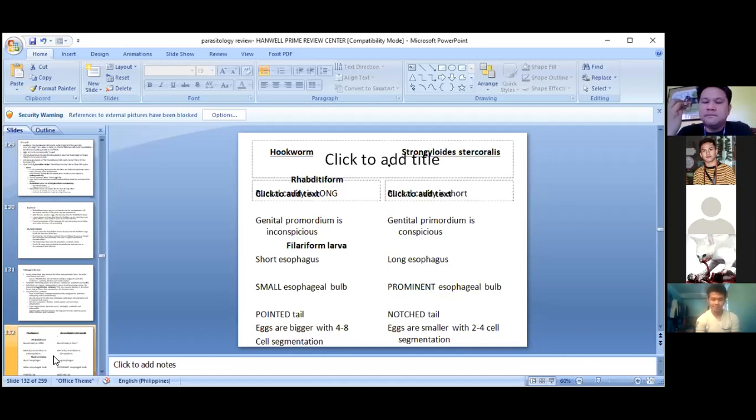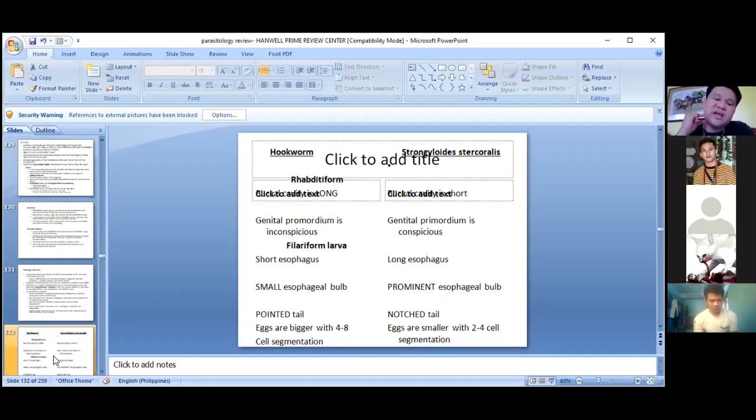Now, I was talking about the question in the board exam. It was like telling about how do you describe the esophagus of the hookworm and the strongyloides. Choices in the board exam would be shorter than broad. Yes, that is the description of the esophagus of your hookworm. Shorter than broad.